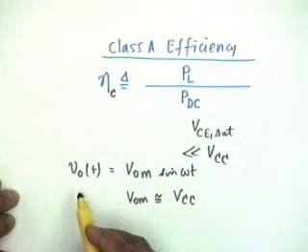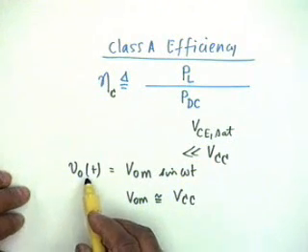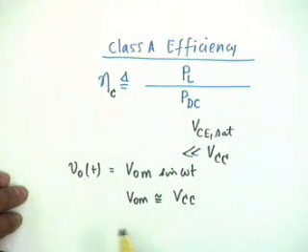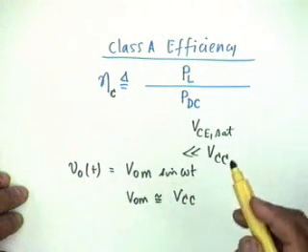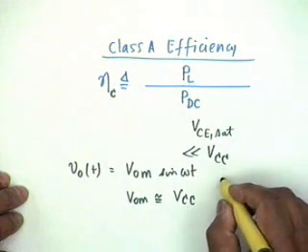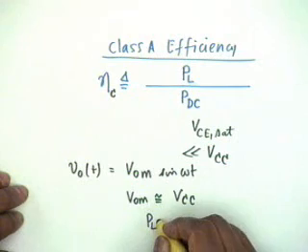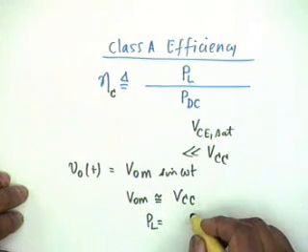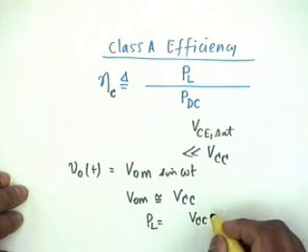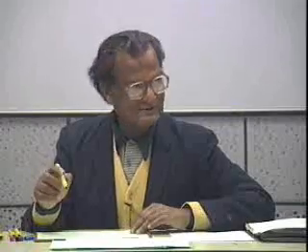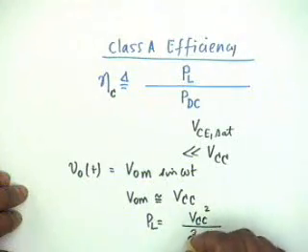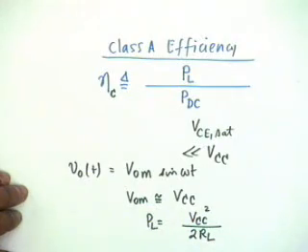And therefore, if you have a sinusoidal voltage VCC sine omega t across a load RL, then what is PL? The peak value is VCC, so the root mean squared value is VCC by root 2, squared and divided by RL. So it would be VCC squared by 2RL. Agreed?